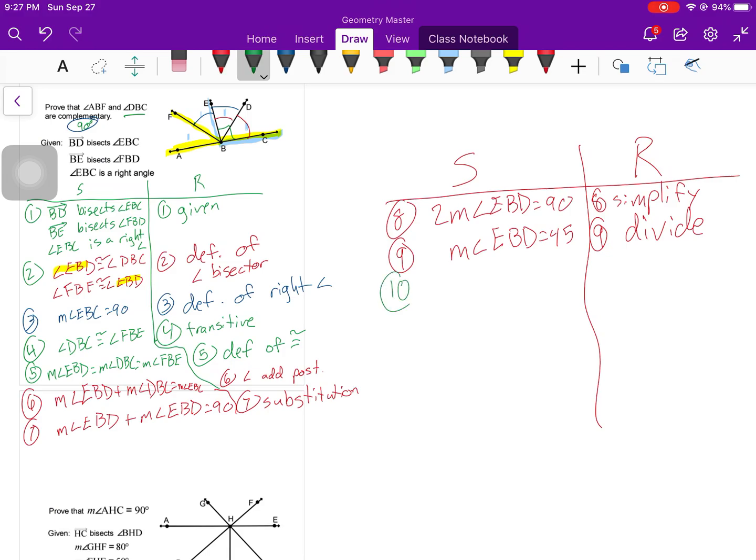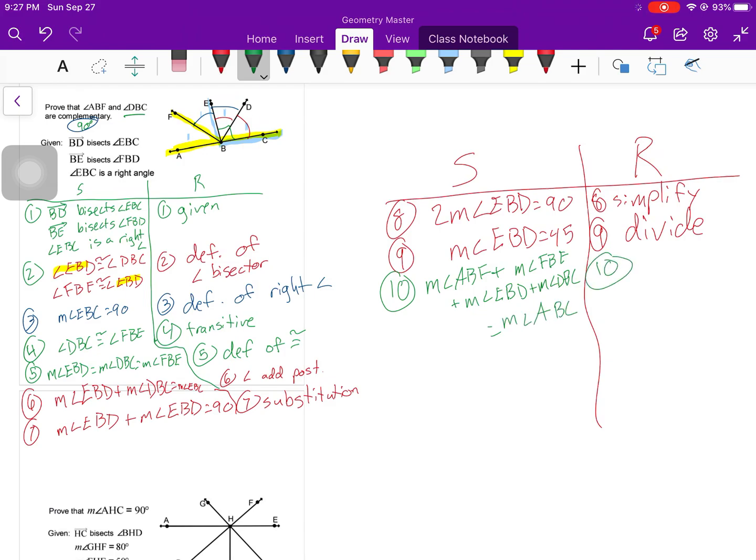So I'm going to say step 10, measurement of angle ABF plus measurement of angle FBE plus measurement of angle EBD plus measurement of angle DBC equals measurement of angle ABC.